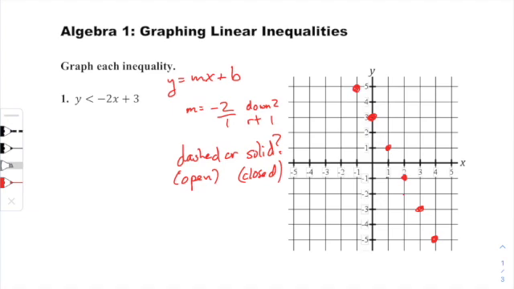So to show that, I'm going to draw this with a dashed line. Okay, so the dashed line shows somebody that any point that's on this line is not actually part of the solution, because the points on the line are where these two things are equal, right? y equals mx plus b. And since we're not doing or equal, I don't want to include these points.